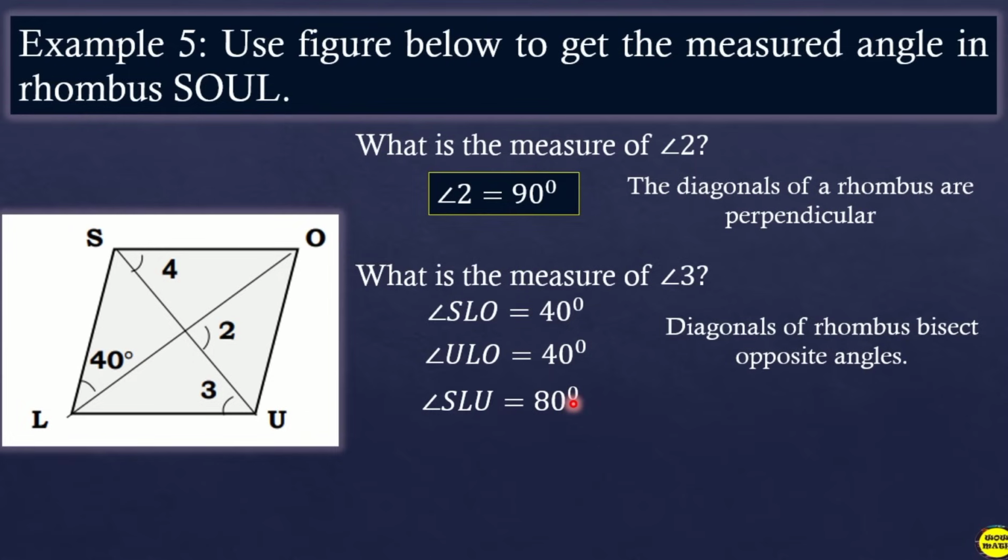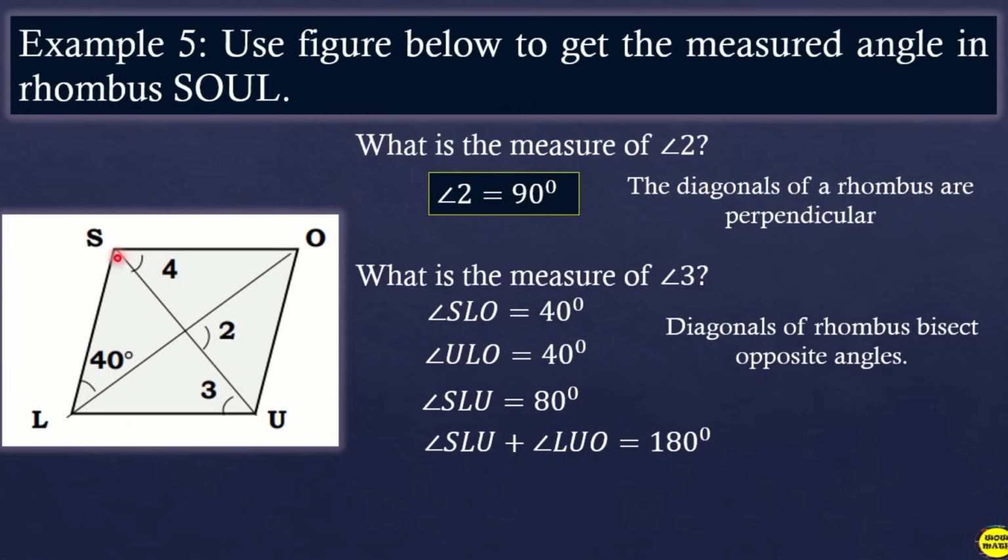Now, why did we get this? We have found angle SLU, which is 80 degrees. We all know that this angle is consecutive to this angle. Consecutive angles are supplementary and their sum is 180.